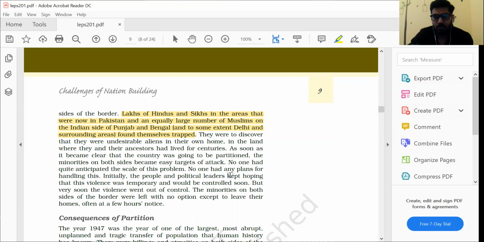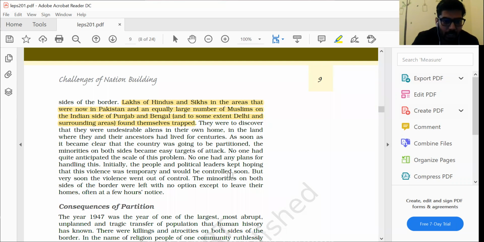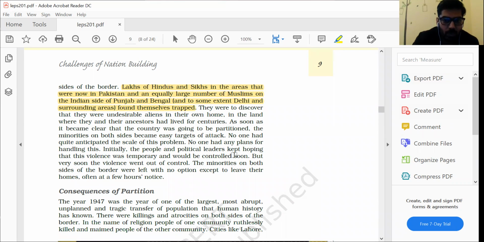So with this lawlessness, this anarchy, we had the likes of Gandhi and Nehru who said that no, we will not allow the killings of religious minorities or any kind of persecution like Pakistan is doing. So yes, we were the good guys, and it became clear that the country was going to be partitioned. The minorities on both sides became easy targets.